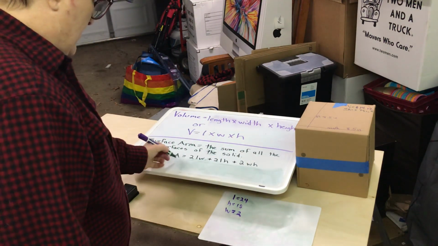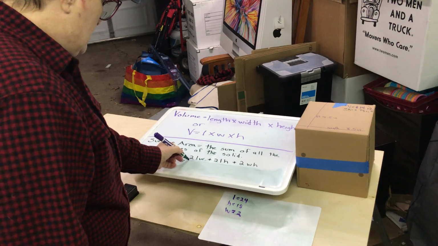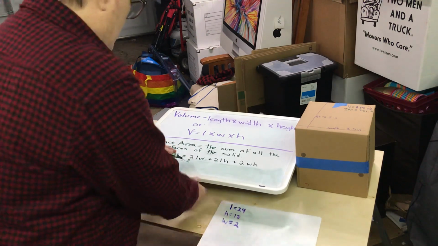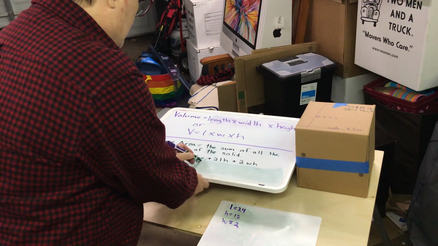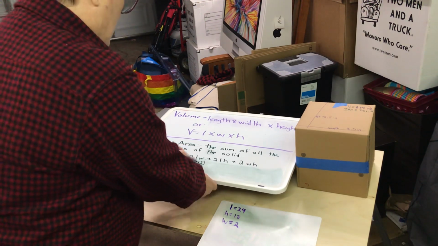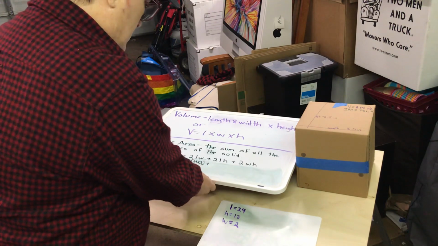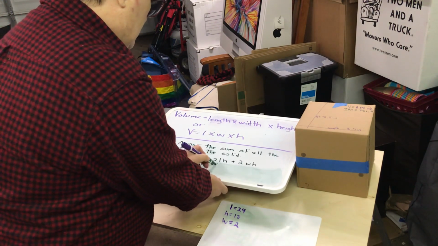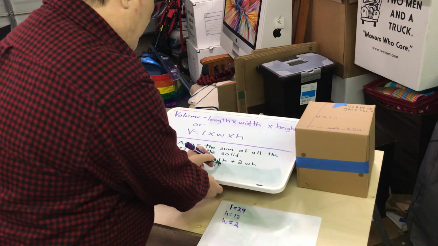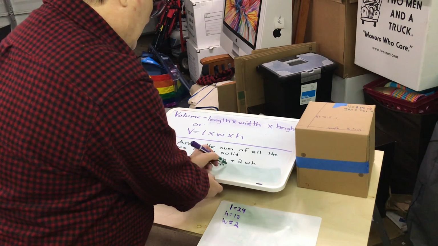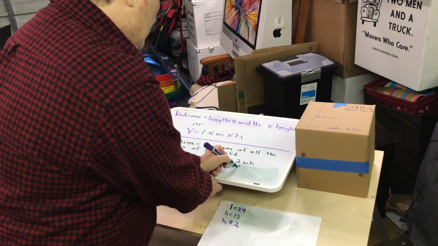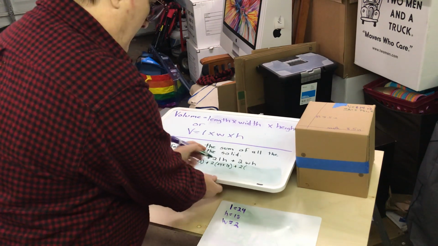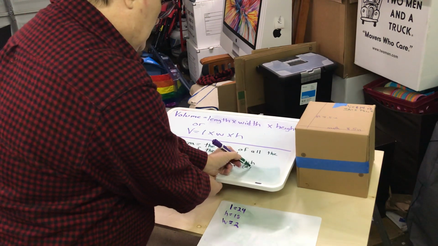So the surface area would equal 2 times 24 times 2 plus 2 times 24 times 18 plus 2 times 2 times 18.